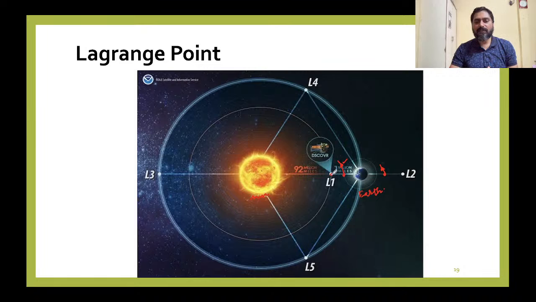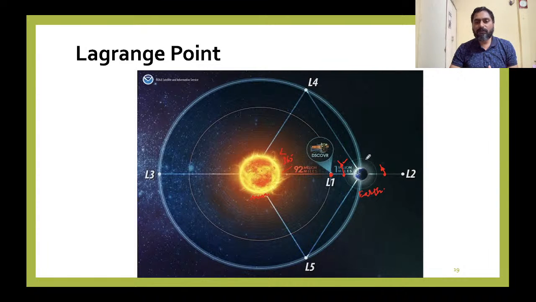So if you talk about this L1 point, here the gravitational pull of sun and Earth combine in such a manner that it will move around the sun in just 365 days. Otherwise it could have moved around the sun in less than 365 days, but because it is placed at this point where gravitational forces of sun and Earth act in such a manner that it gets linked with Earth's movement, or anchored with respect to Earth.